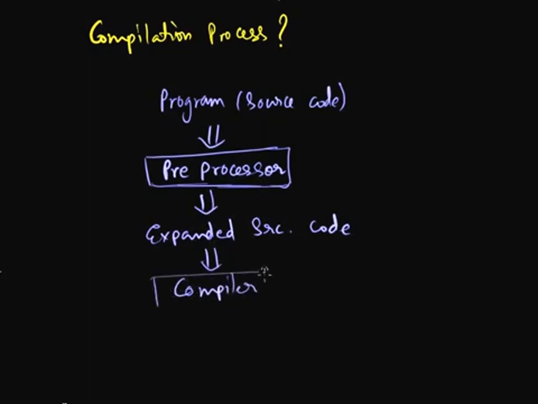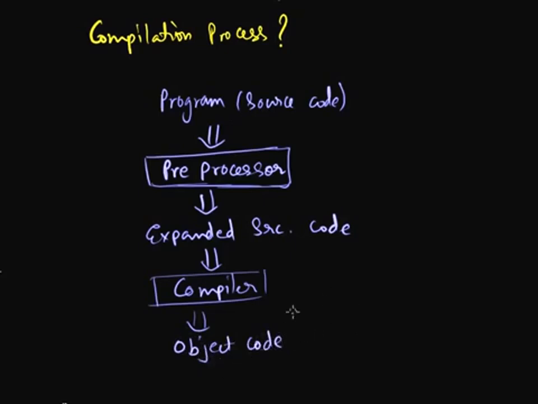Now compiler, we know, is a software that converts a high-level language program to a low-level language program. Now this compiler outputs what we call object code. Object code is nothing but binary machine language code.